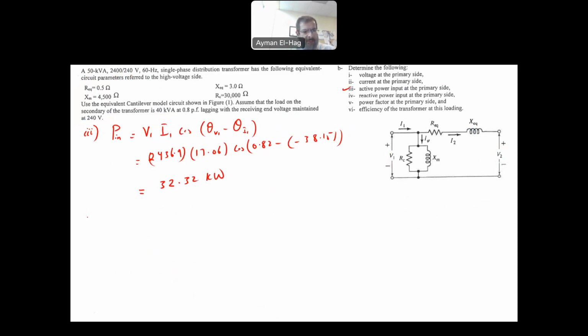Number 4, find the reactive power input. So the Qin is equal to the same formula, but instead of cosine, we'll have a sine.